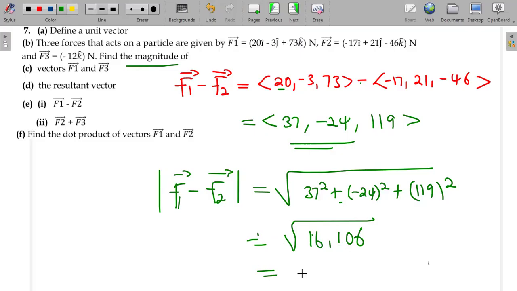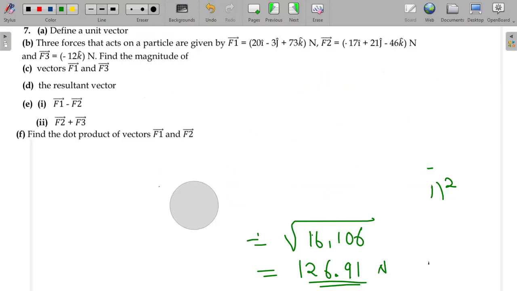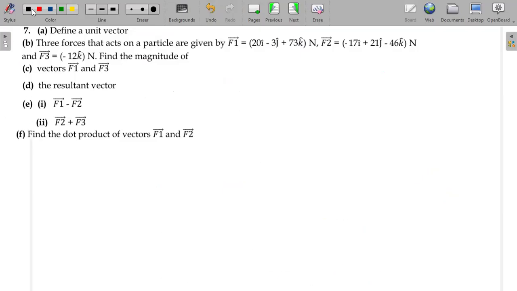I'm going to get 126.91. Okay, so that will be newtons. So this here is the magnitude of F1 minus F2. I've just rounded off to 2 decimal places. Let's find the magnitude of F2 plus F3.